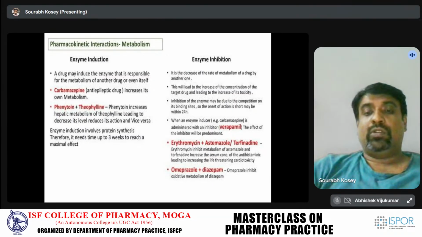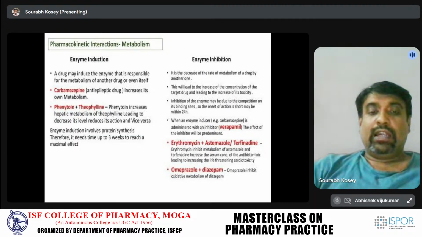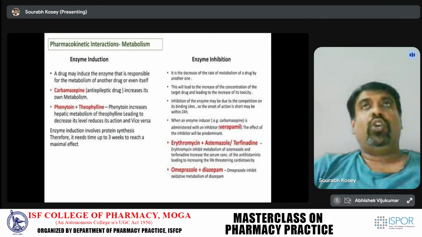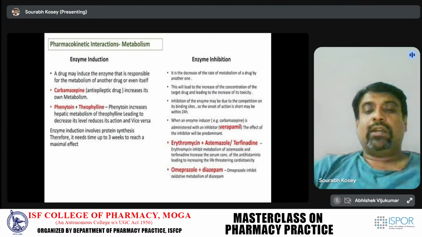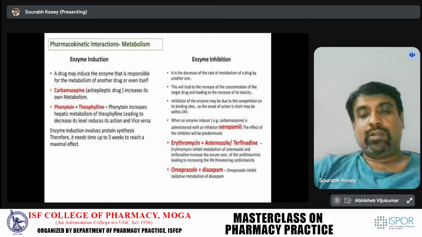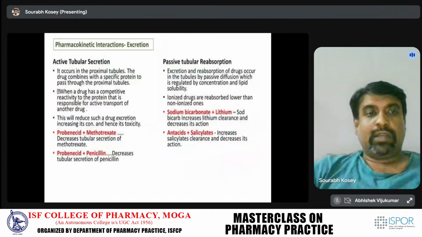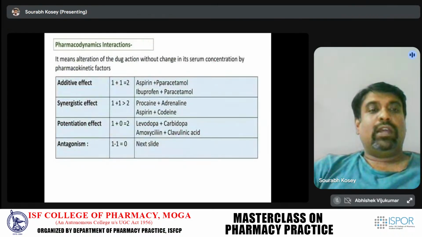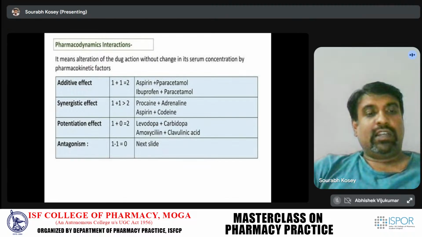Erythromycin inhibits the metabolism of astemizole, and terfenadine increases the serum concentration of the antihistaminic, leading to life-threatening cardiac collapse. Omeprazole inhibits oxidative metabolism of diazepam. Then active tubular secretion and passive tubular secretion. Pharmacodynamic interactions include additive effect, synergistic effect, antagonism, and potentiation effect.